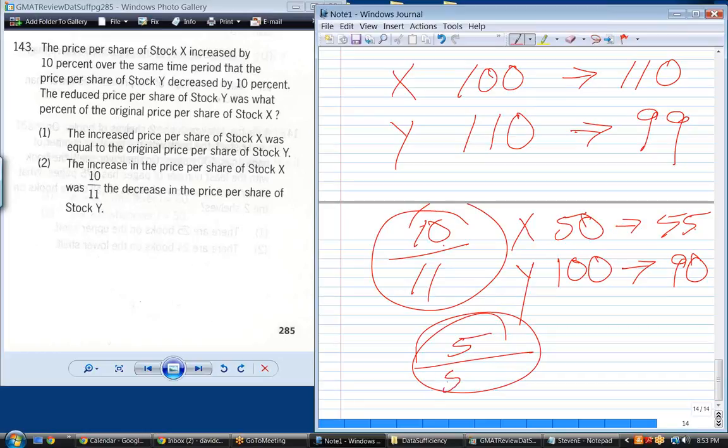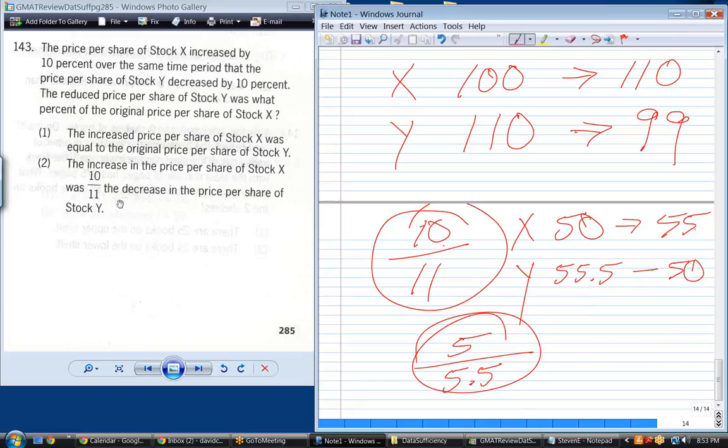So my denominator has to be 5.5, which means Y has to drop by 5.5. So Y would have to go from that to 50 to drop, well, I'm not sure what we're doing either. I mean, I'm kind of playing around with it here.